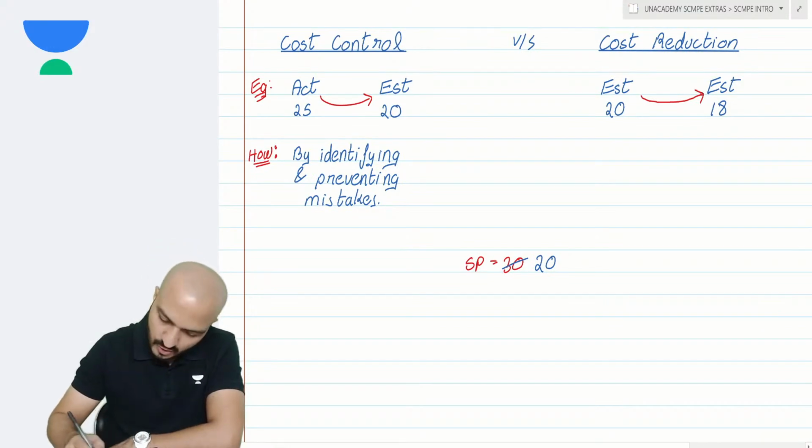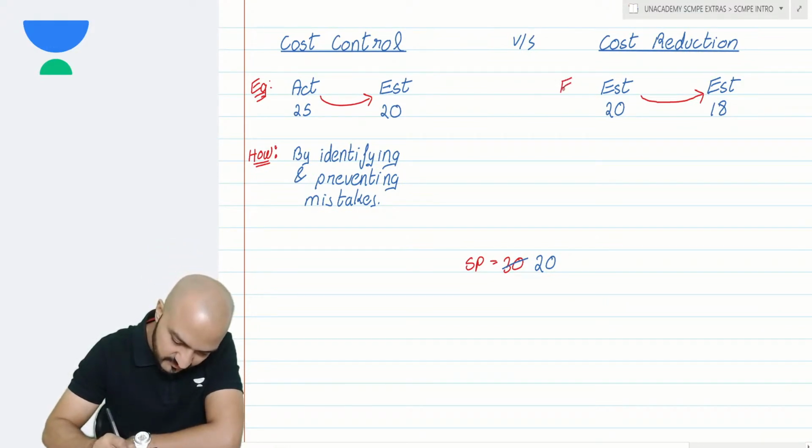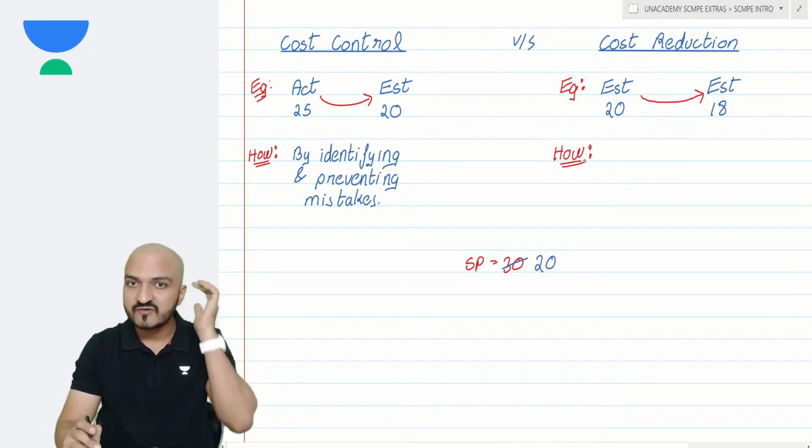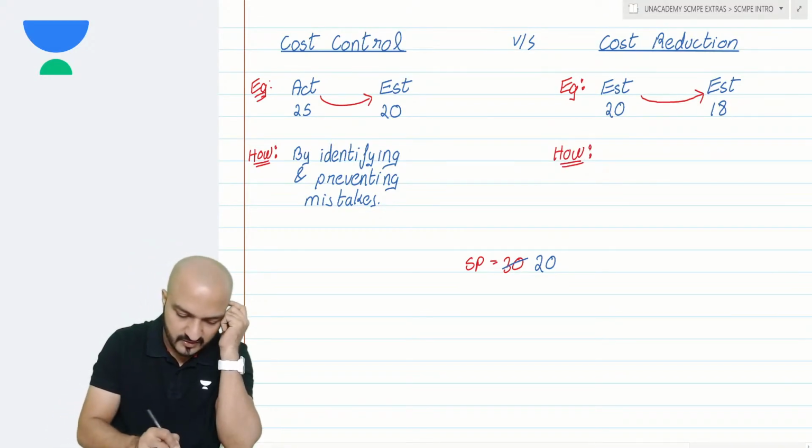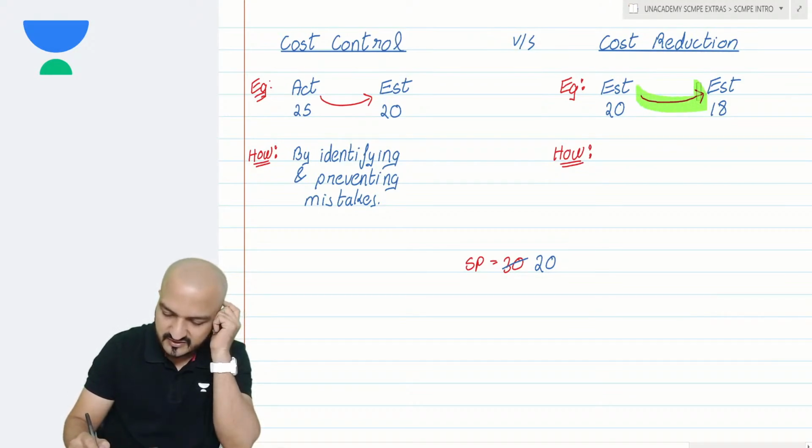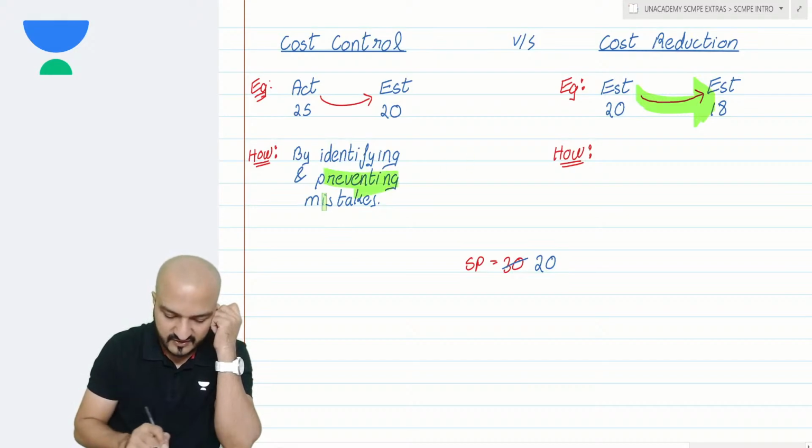And how is that done? Well, to decrease my estimate further down, you tell me, can I achieve this decrease by preventing mistakes?